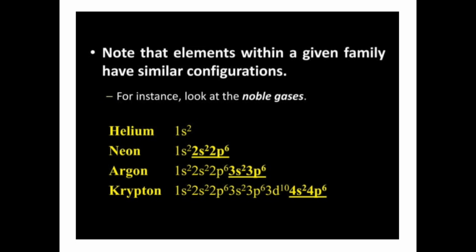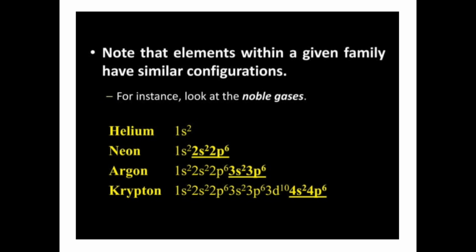We can also take note of this. Elements within a given family have similar configuration. That's what we are trying to say. For instance, this is another family, the noble gases, group 8. They have the octet or the duplet structure. Duplet for helium, while others have the octet.